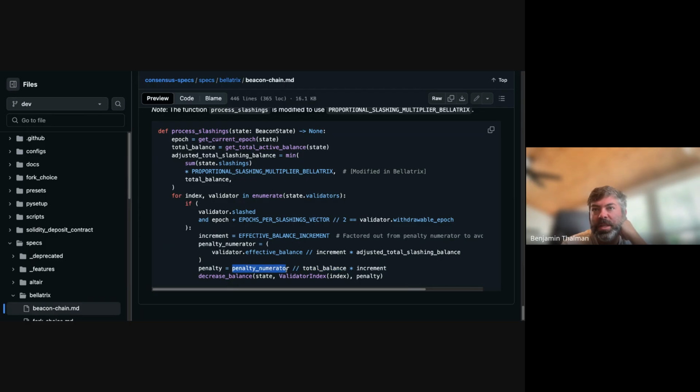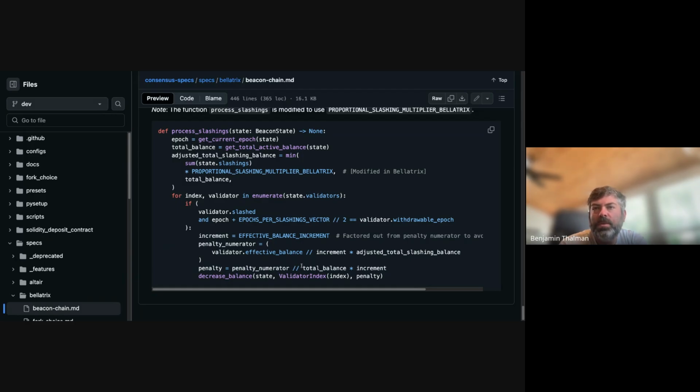Just this part, you can substitute a number in for penalty numerator and substitute a number in here, and you can find cases where this will round down to 0. Floor division is just divide two numbers and round down to the nearest integer or whole number. In other words, divide two numbers and drop the decimal. And it turns out that if you have a validator with an effective balance of about 32 ETH and, let's say, less than 1.1% of validators commit a slashable offense, this will round down to 0.